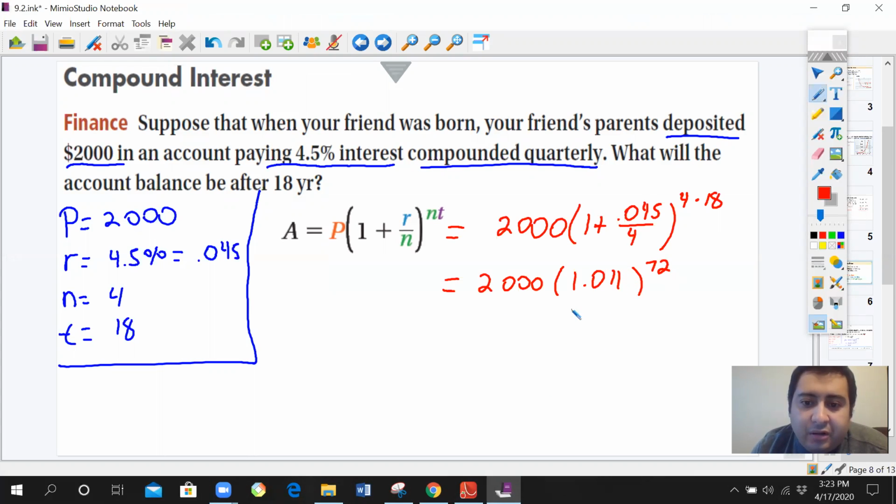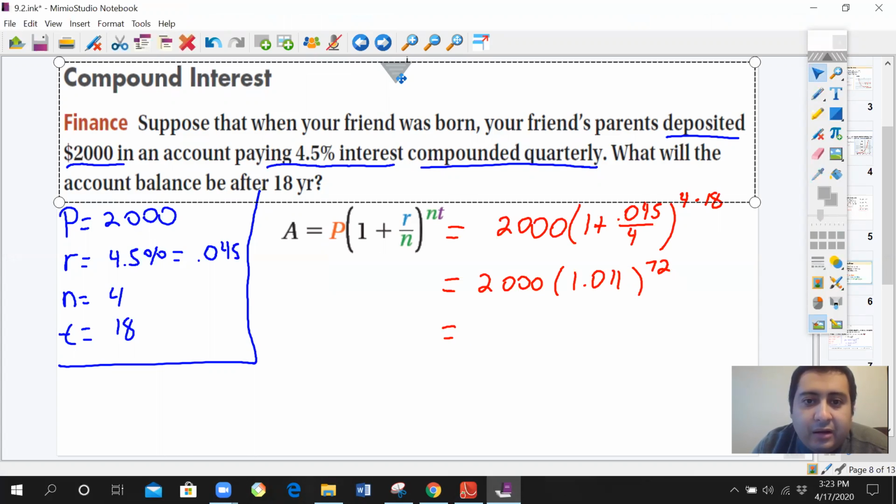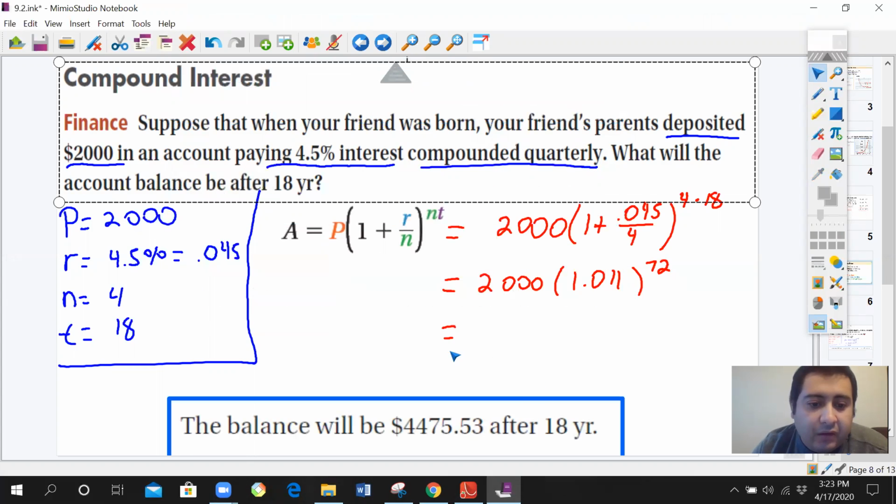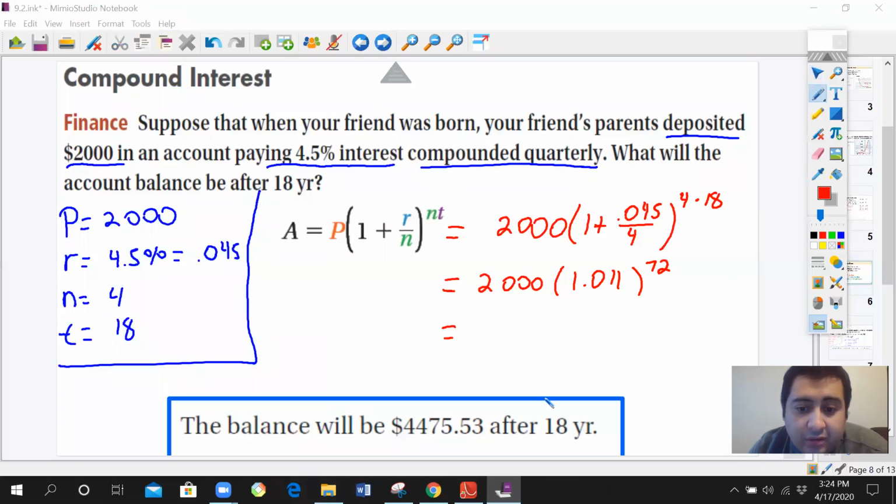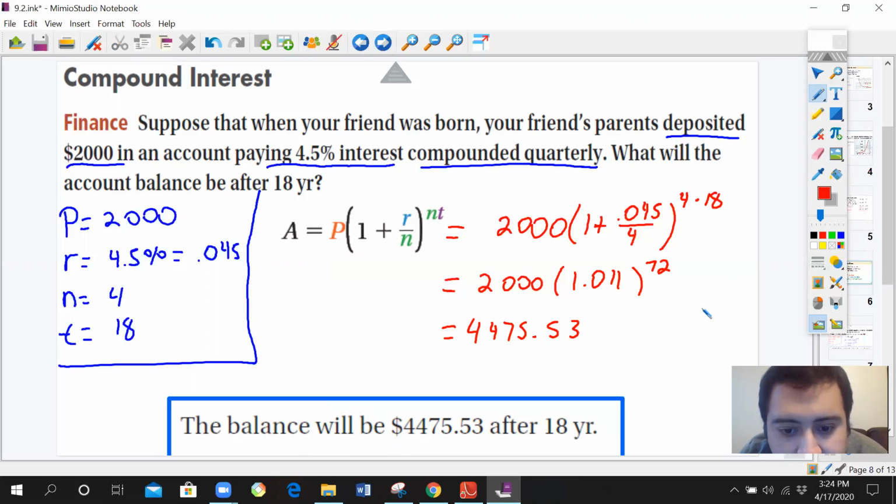So we get this expression, and once we input all of this into the calculator as well, we get a final result of the balance, which is 4,475 and 53 cents after 18 years. So that's how much compounded quarterly you're going to be getting as a final result, as the amount after 18 years.